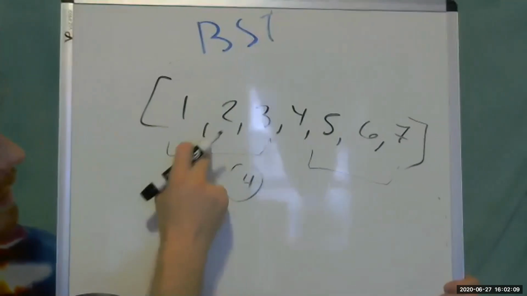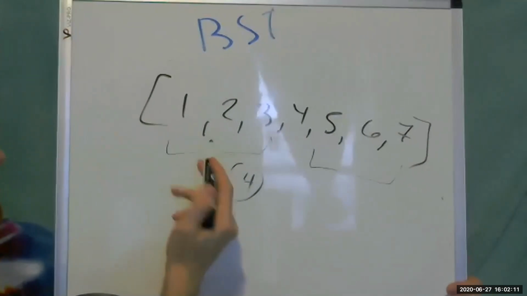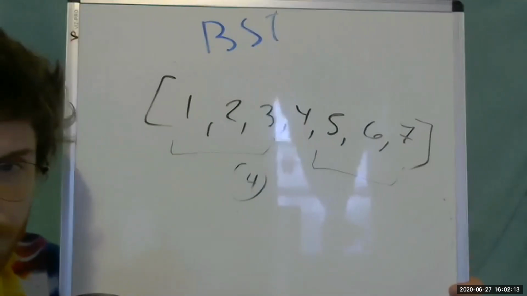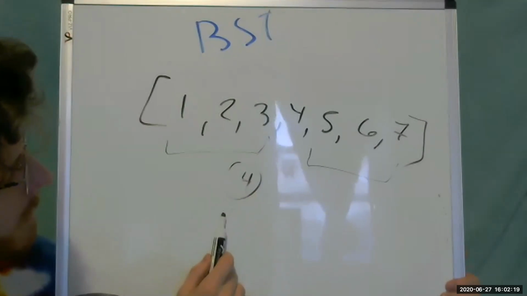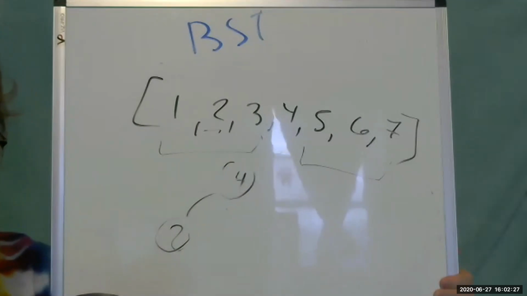So if we were looking at the left side here, what would be a good left child to our 4? 3. 3 would be a good left? No, 2, right? Because 2 would work quite nicely for that.